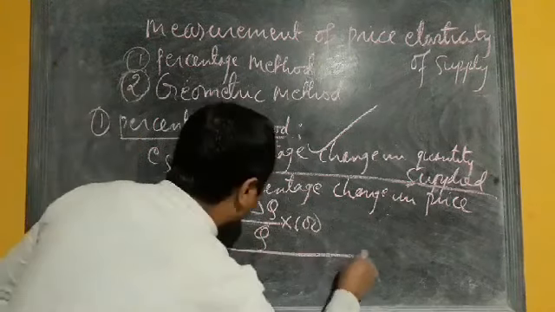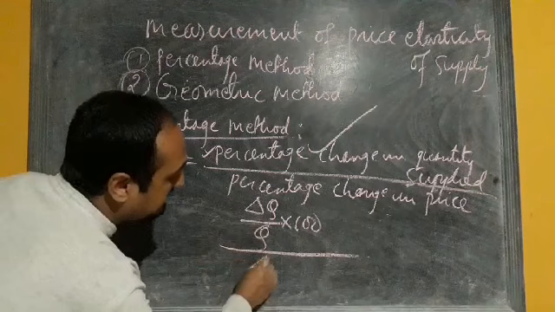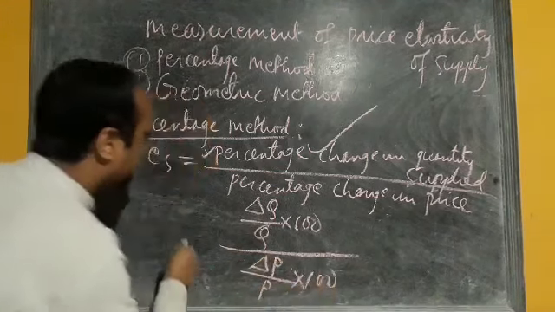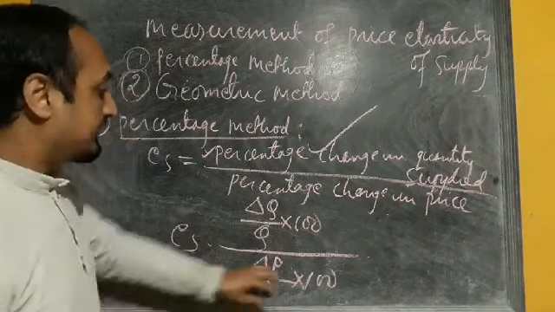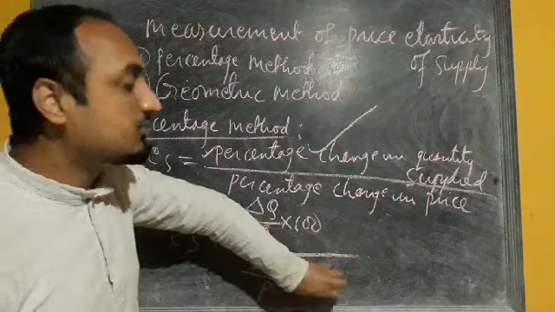Next, percentage change in price can be written as del P by P into 100. Del P is the change in price by initial price into 100.